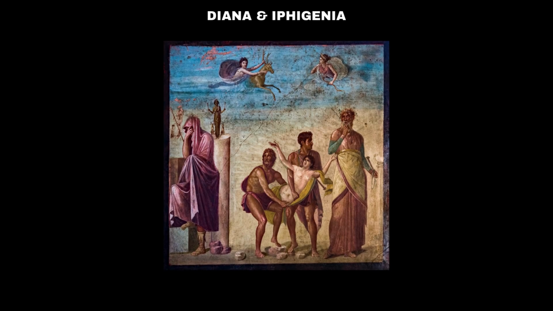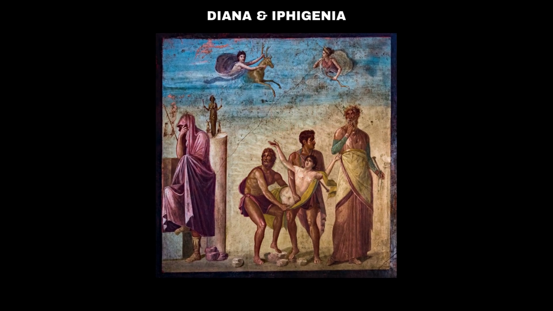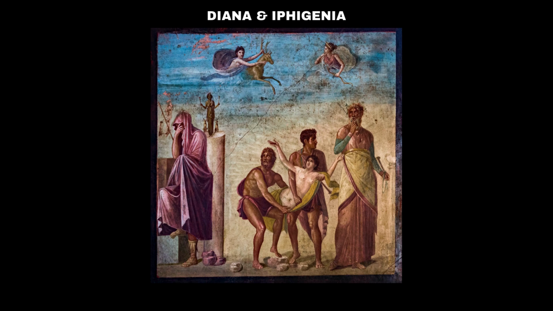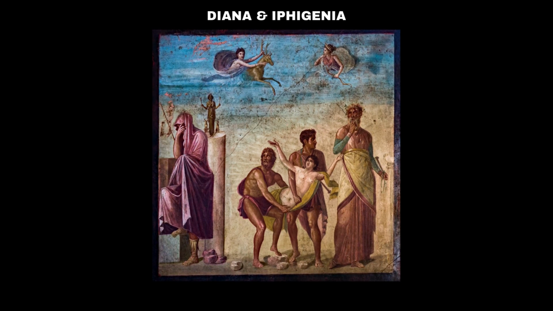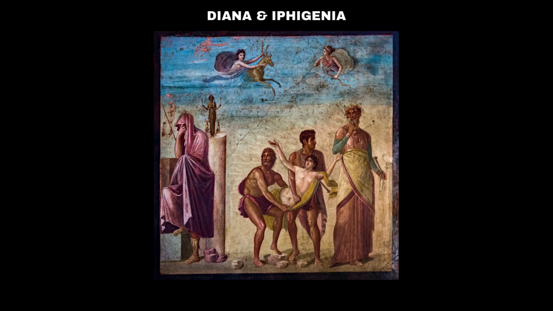In another mythological context, Diana appears as a goddess who intervenes to spare Iphigenia, the daughter of Agamemnon, from being sacrificed to her.